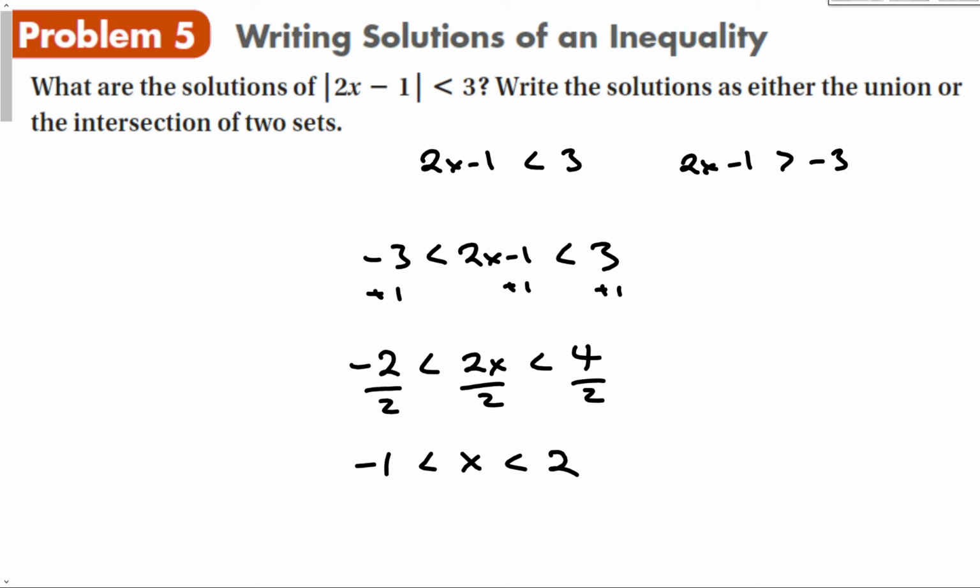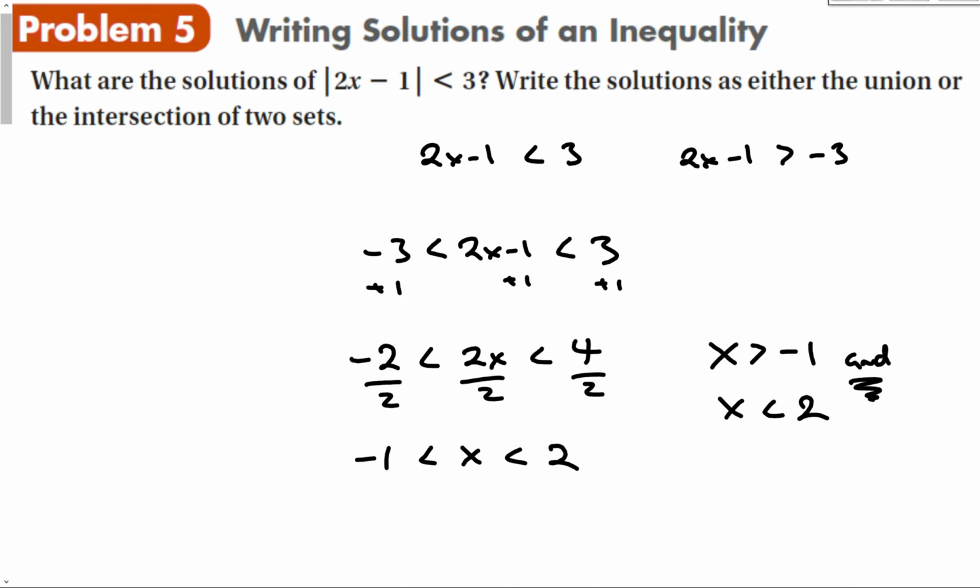So this tells me two things. It tells me that x is greater than negative 1 and x is less than 2. Okay? Which means that for those two, I want to know where they're both true. Okay, that's what the and means. So both of those have to be true. So that's going to be an intersection.